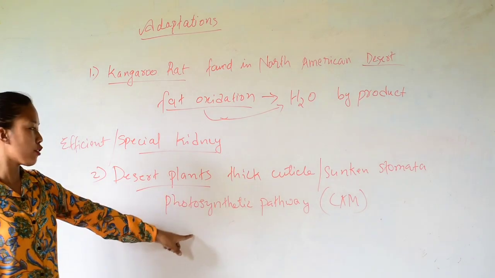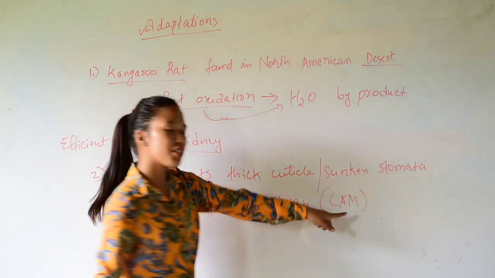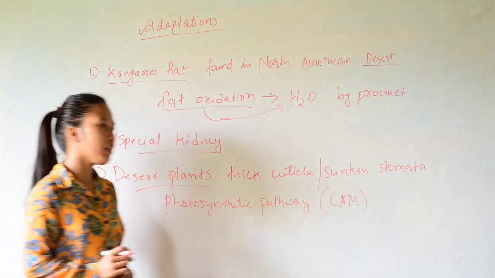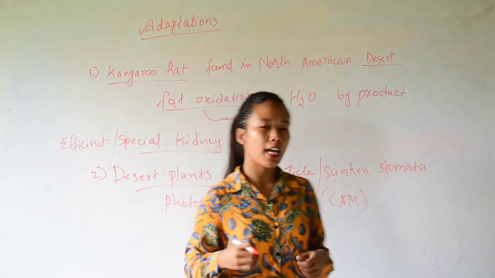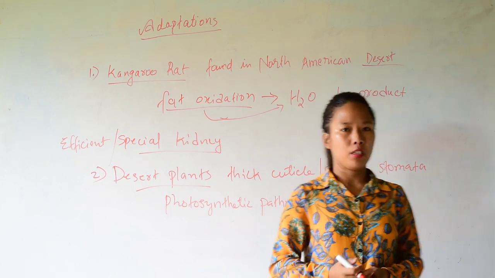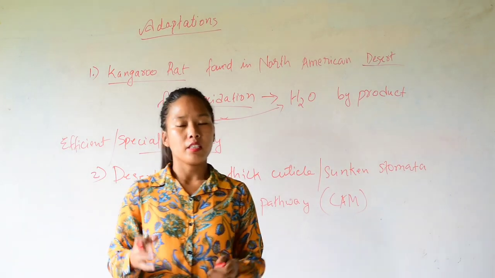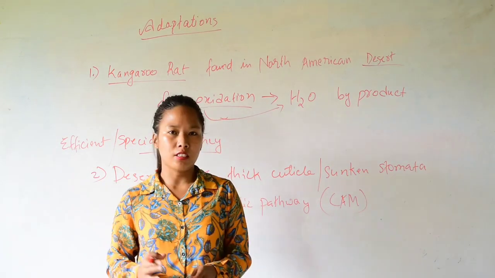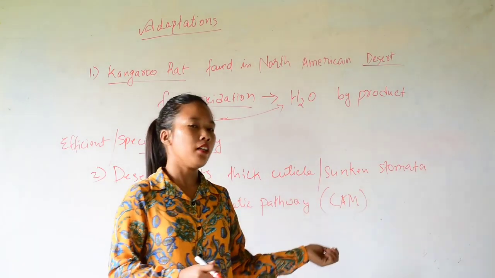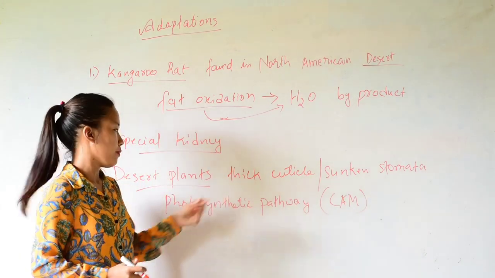They have a special photosynthetic pathway called the CAM pathway, crassulacean acid metabolism pathway, where the plants have the ability to keep their stomata closed during the daytime. So transpiration will be very less, and in that way they can conserve some amount of water.